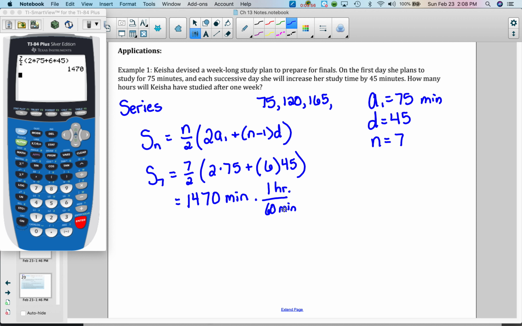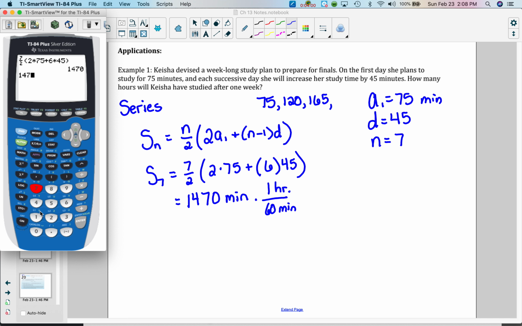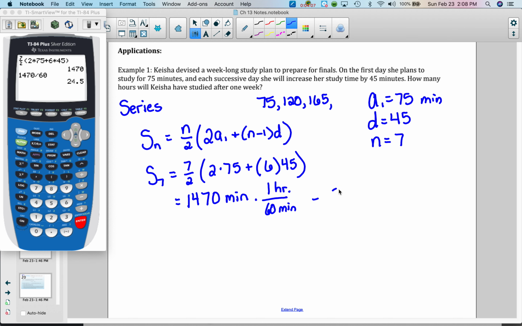So you just set up your unit conversion. So we take 1,470 divided by 60 and we get 24.5 hours. So over that course of time, she would have studied in 1 week 24.5 hours. That's like a day. That's a lot.